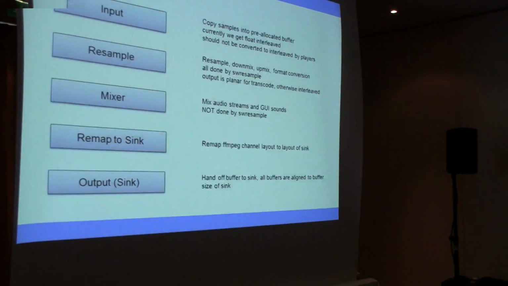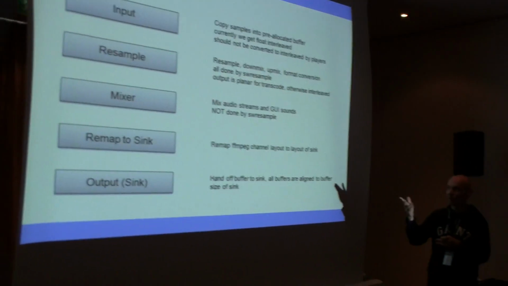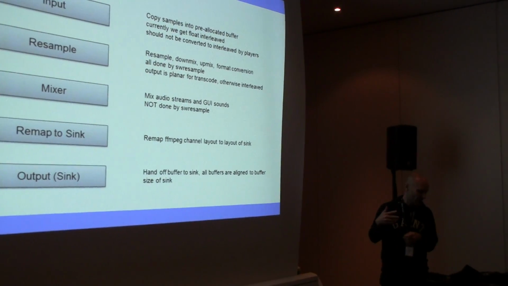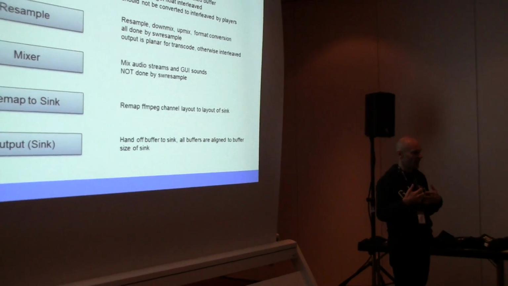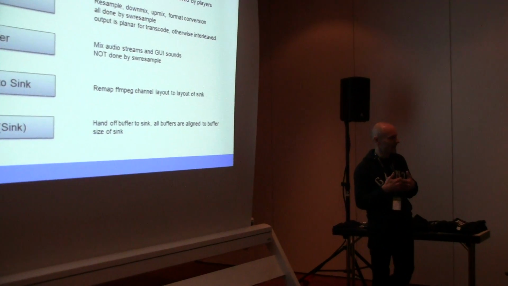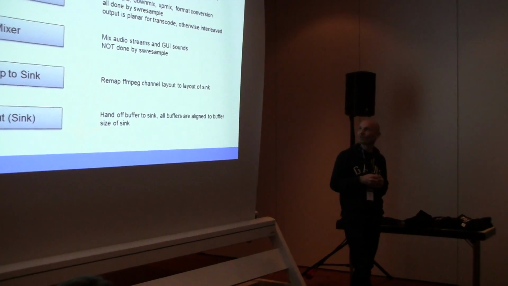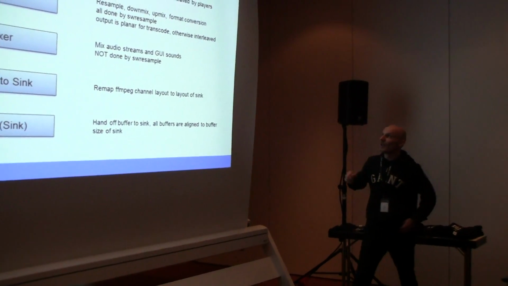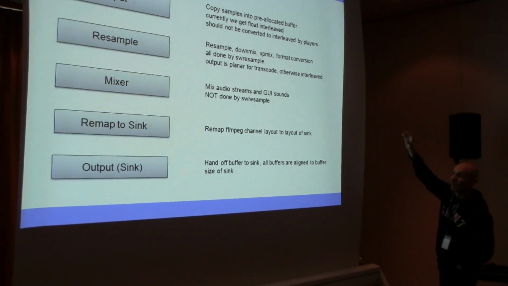So the engine is prepared to handle both formats, and when we transcode to Dolby, the engine already uses a planar format internally because the encoder requires being fed with planar. Then it can handle different streams.